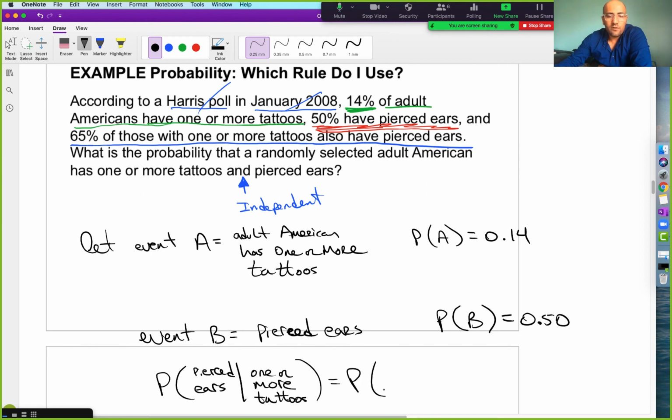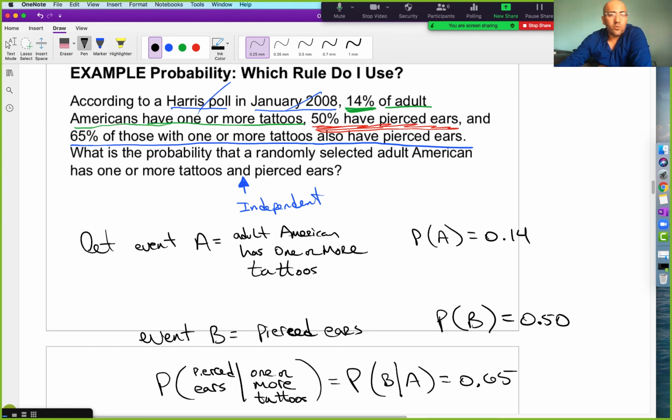Good. So in terms of our letters, this is the probability of B given A is equal to 0.65. So let's read that again. 65% of those with one or more tattoos, if we just focus on the people with tattoos, 65% of those people have pierced ears.